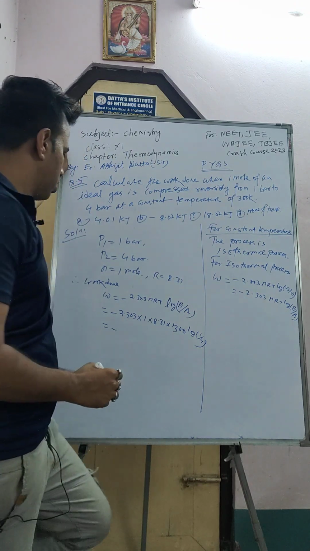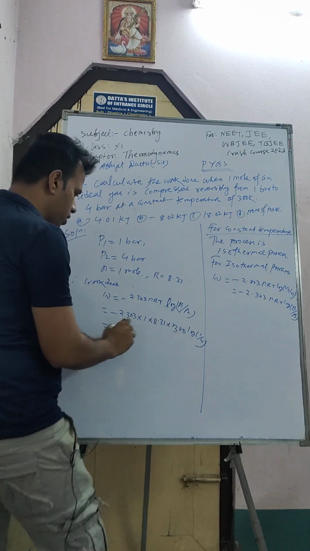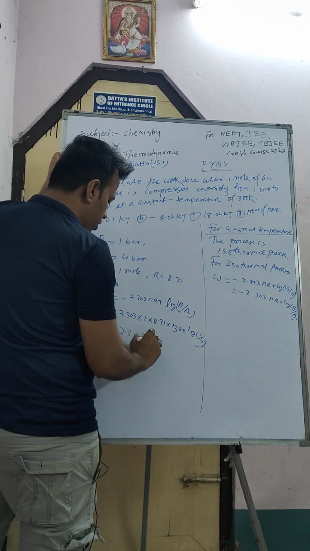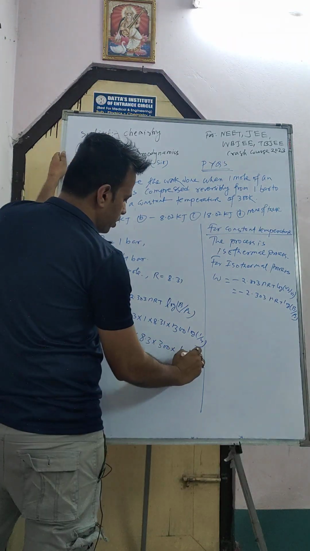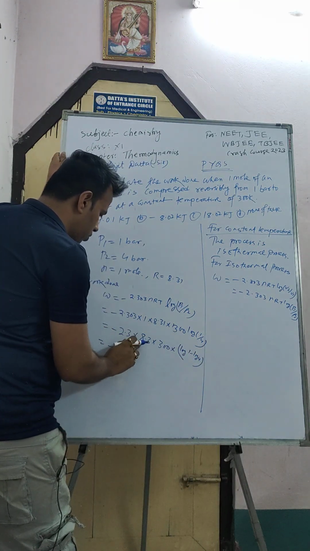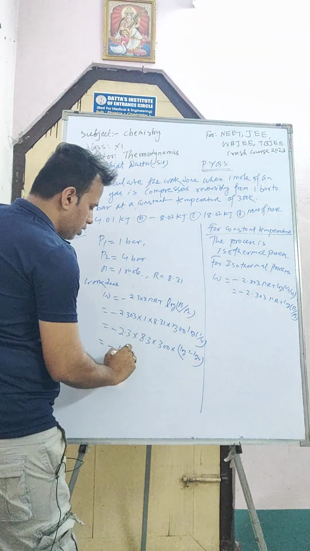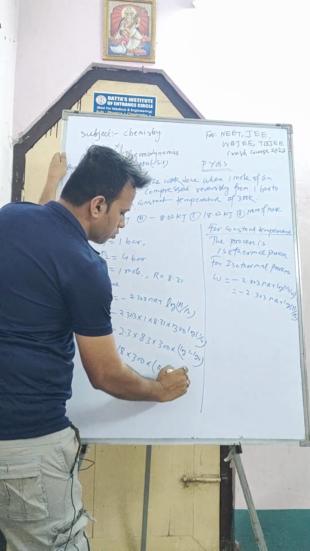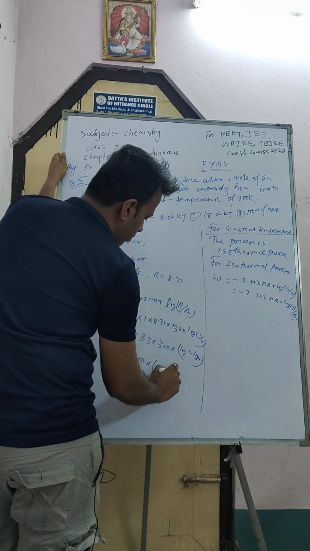So if you multiply this, first I convert this, it will be 2.3 into 8.3 into 300 into log 1 minus log 4. If I multiply this, it will be near about 18, and 300, and log 1 is 0 and log 4 is 2 log 2. The log 4 value is almost 0.5.